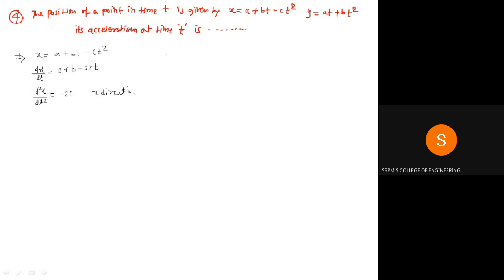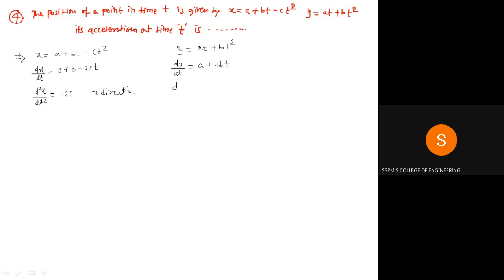In a similar fashion, take one more parametric function, that is y equals at plus bt square. What is dy by dt? It is a, since the derivative of t with respect to t is 1, and the derivative of t square is 2t. So we write 2bt. This is the first derivative, which is the velocity in the y direction.